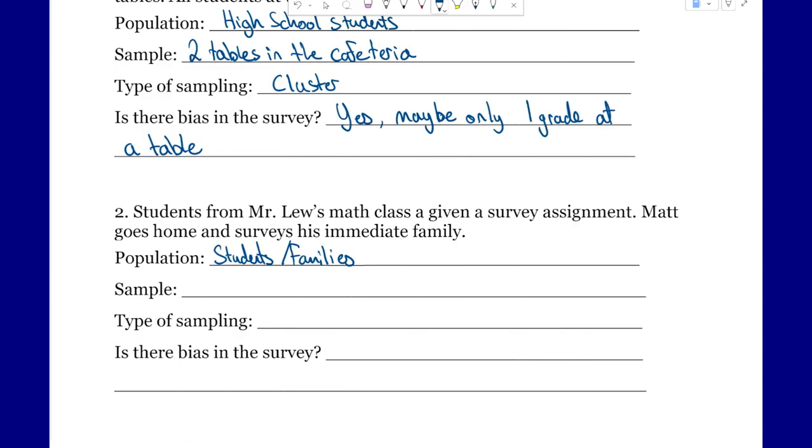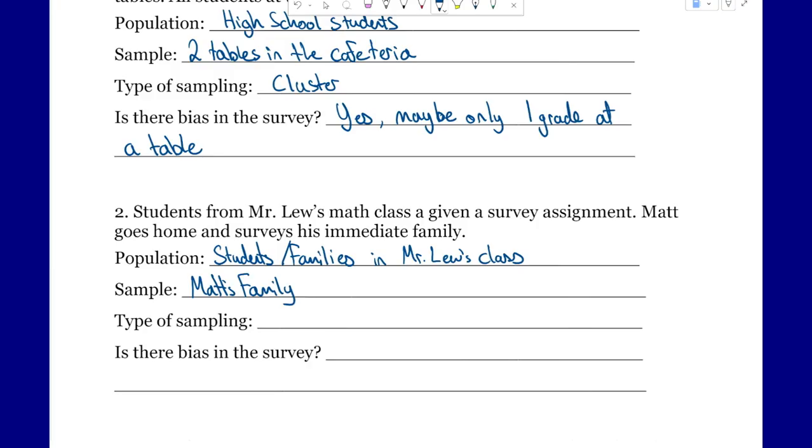We're not really sure what the assignment is, but generally speaking, if I'm giving it to my students, maybe I'm curious about high school students or their families or people in the community. What is the sample? Well, the sample in this case would be Matt's family. That's who he's going and asking.